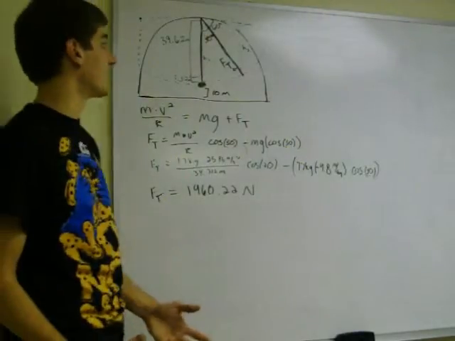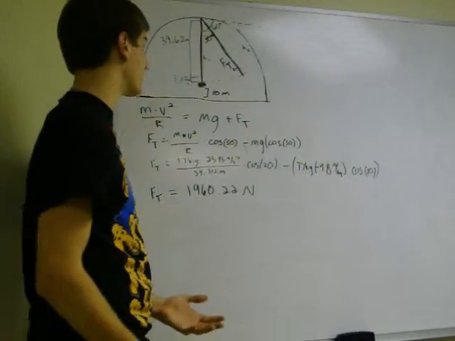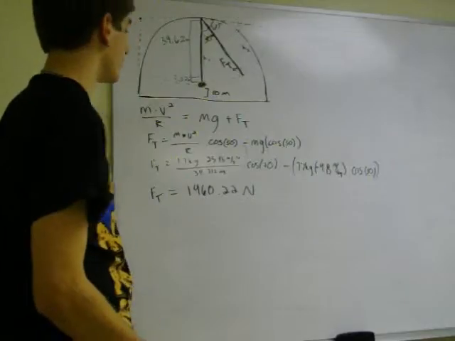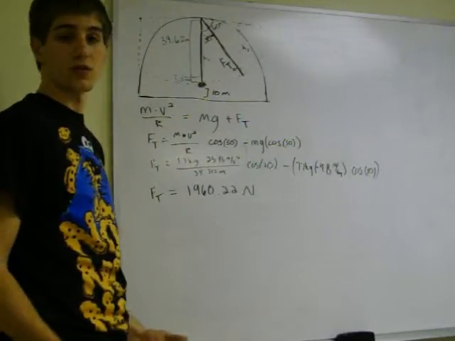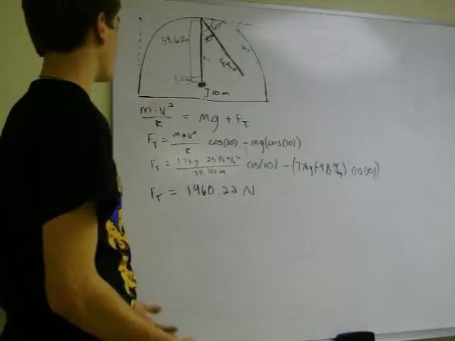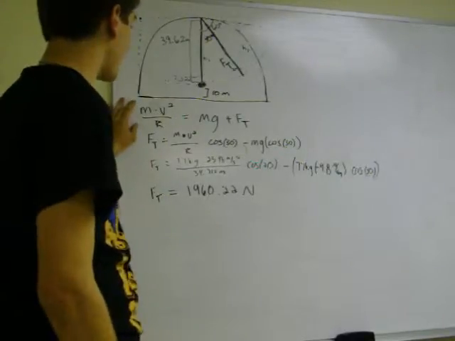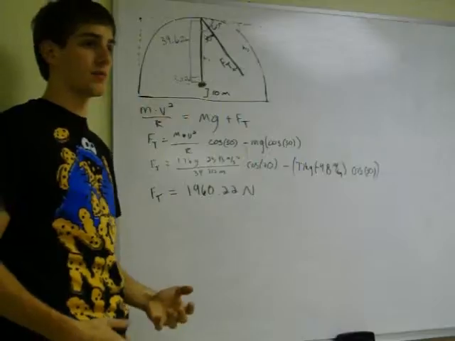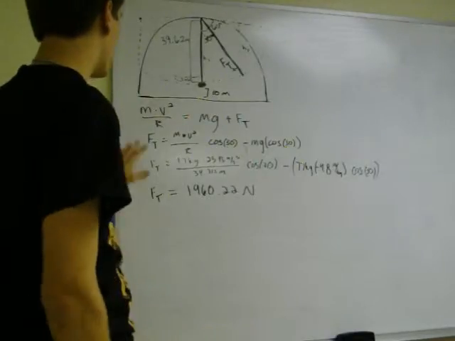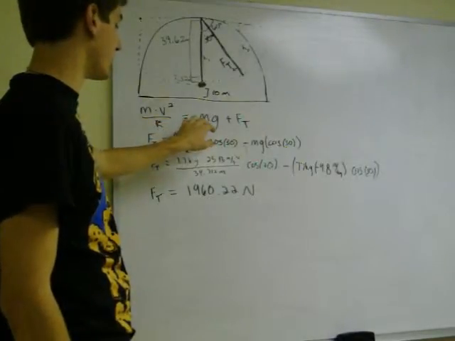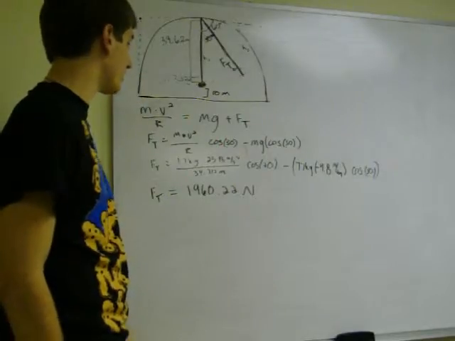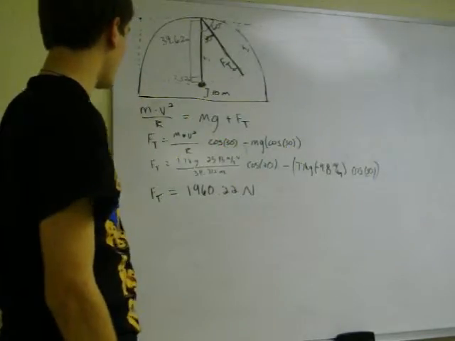Okay, now we're going to calculate the tension force at 30 degrees. For this, we're going to use the same formula we used for the tension force last time. So it's going to be this F net value, which is also known as centripetal force. That's going to equal the force of gravity plus the tension force.